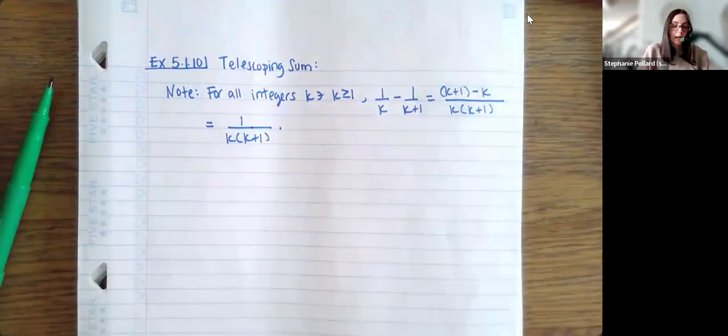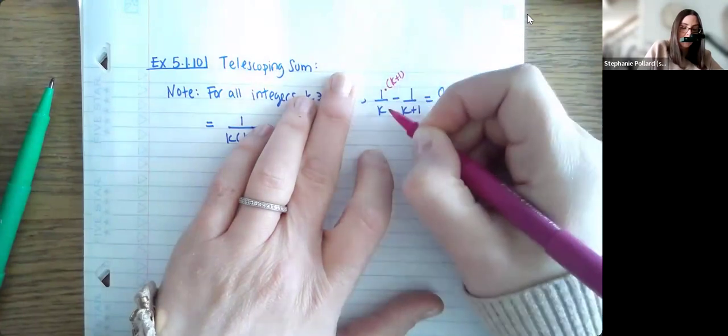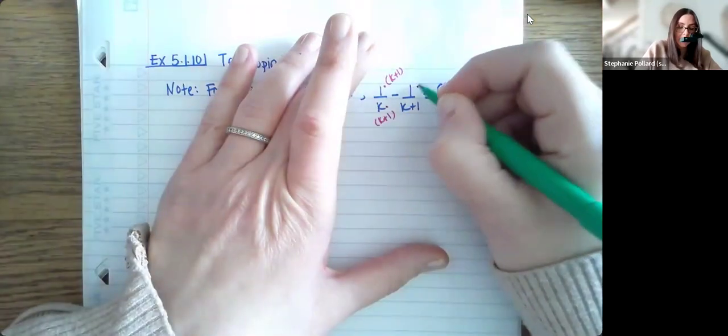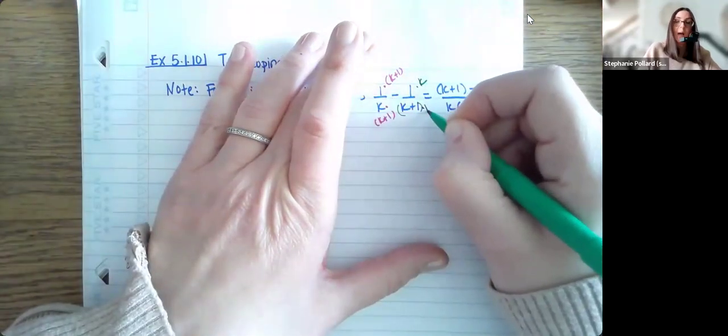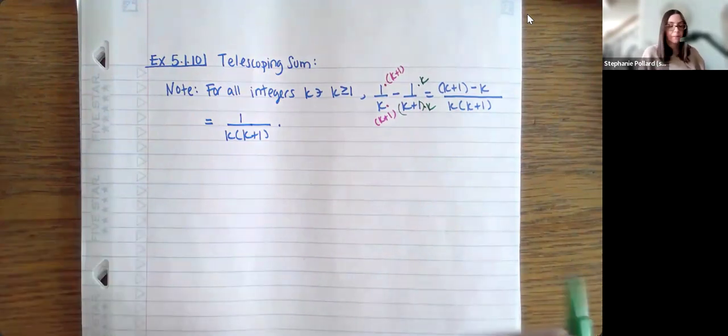So basically, I'm multiplying the first group by k plus 1 over k plus 1, and I'm multiplying the second group by k on top and bottom. So I'm using common denominators to get that expression and to simplify it.